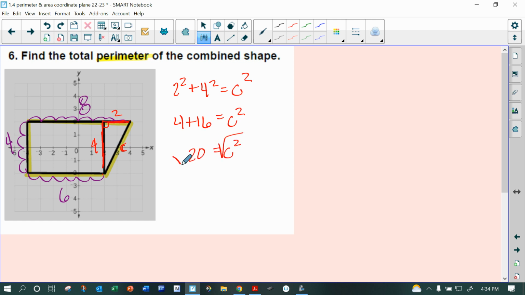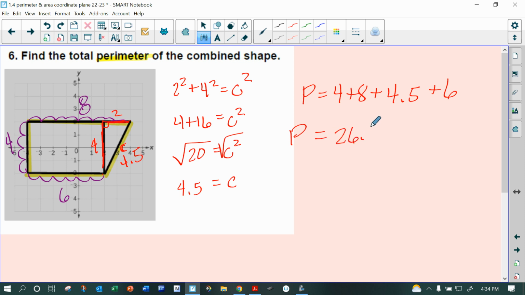And we have to take the square root of both sides. And we get that the square root of 20 is 4.5. So I know this side is 4.5. So my perimeter is 4 plus 8 plus 4.5 plus 6. So you add all of that together and you get 26.5 is your perimeter.